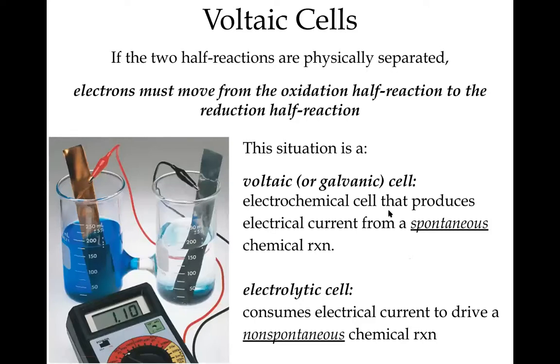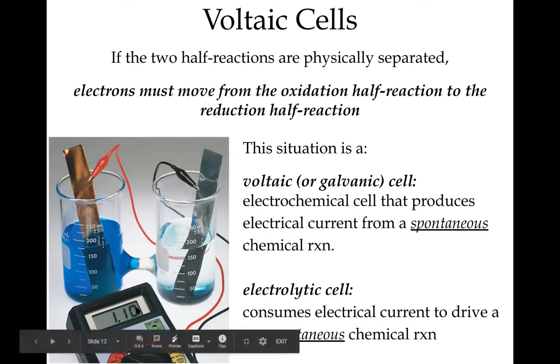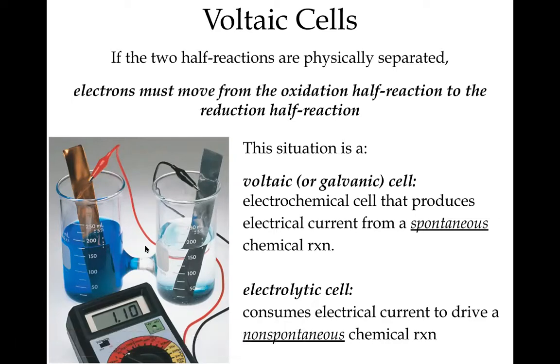So if the 2 half reactions are separated, electrons must move from the oxidized half to the reduced half, okay, by having some kind of conduit connecting them. So in this case, this is copper and zinc, and now instead of being in one beaker, they are separated, and there's this cable that's connecting them to this voltmeter. And then they have this little thing down here called the salt bridge, which we'll talk about in a minute.